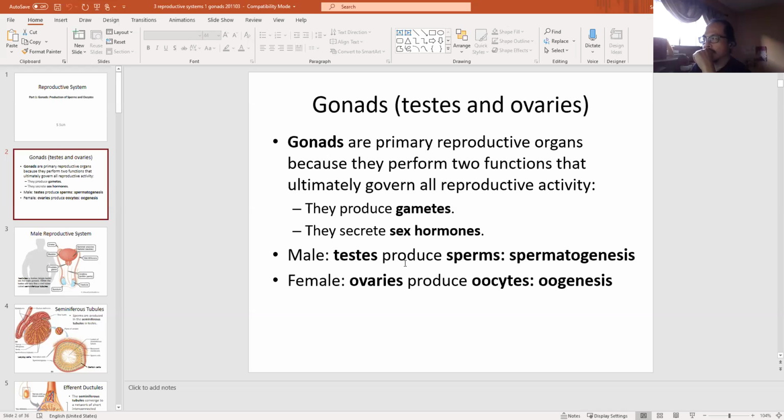The process to produce sperm is called spermatogenesis. The process to produce oocytes is called oogenesis. So in this lecture, we will cover some basic anatomy, physiology, and the function of spermatogenesis and oogenesis.